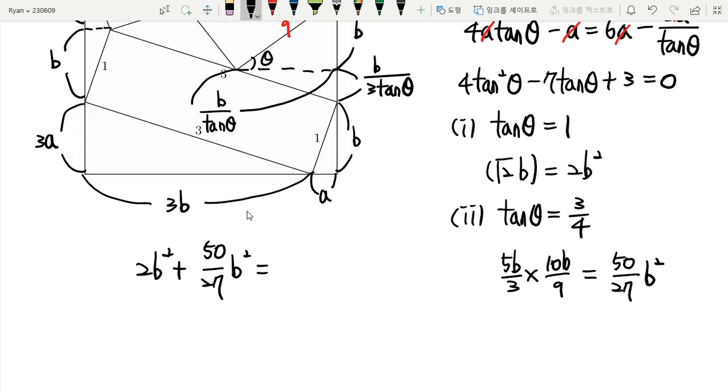And finally we want to find the value of b, and we can use the Pythagorean theorem. a squared plus b squared is 1, and b is 3a.